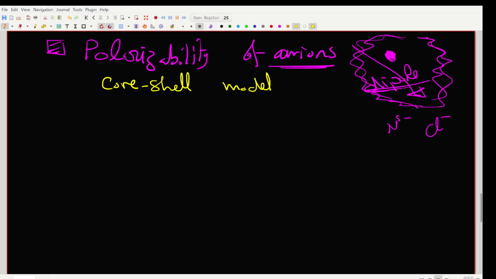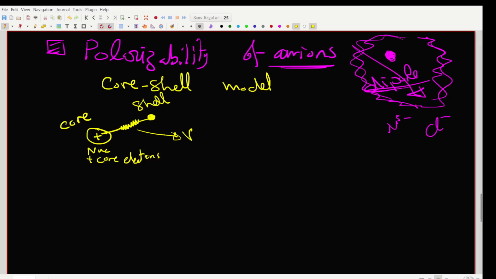But in the core shell model, we usually represent an anion such as the oxide ion by a positive species, usually representing the nucleus and some core electrons around it, called the core, and another particle called the shell, and they are connected by a spring. So there is a mechanical spring that connects them.